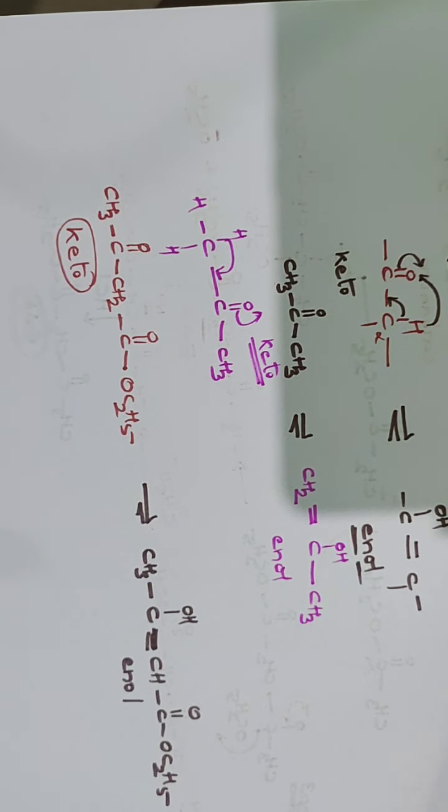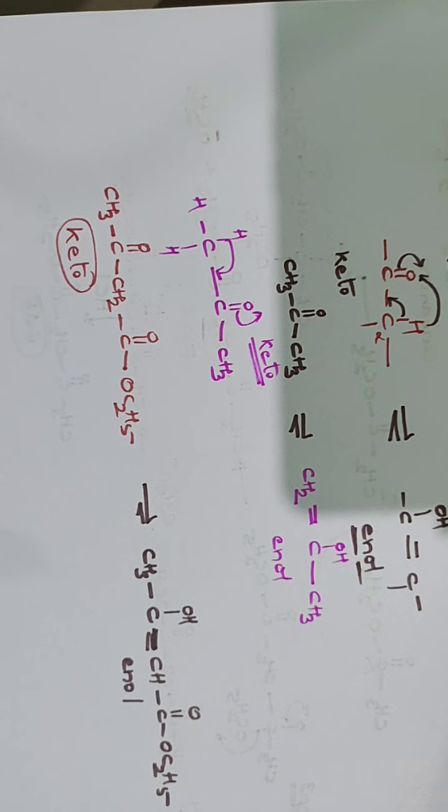Generally, carbonyl compounds containing alpha hydrogens exhibit this keto-enol tautomerism. So this was about the preparation of ethyl acetoacetate, the tautomerism of ethyl acetoacetate, and the definition of active methylene compounds. Thank you.